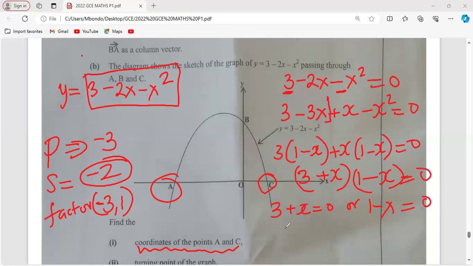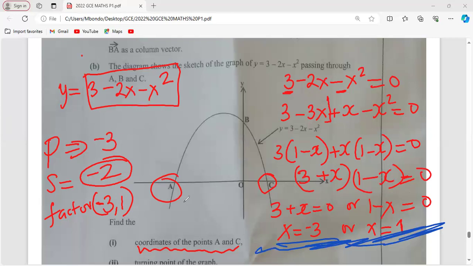The first one is going to become x equals -3. And the second one, when you work it out, you will discover that x equals 1. These are the values that we need here for our answers.